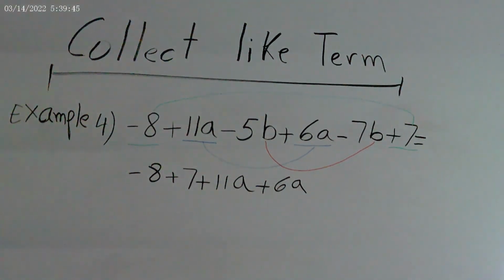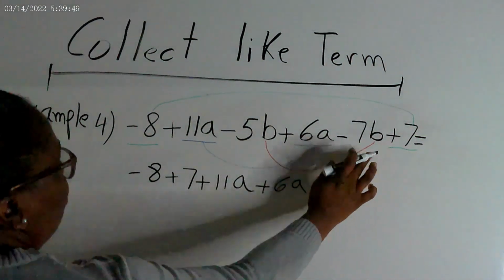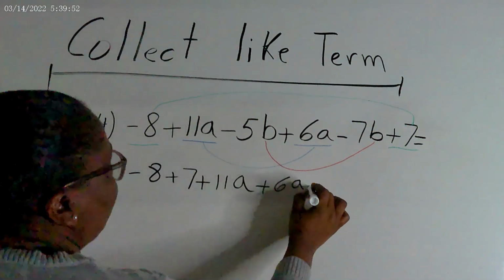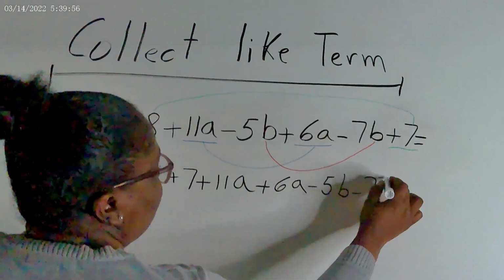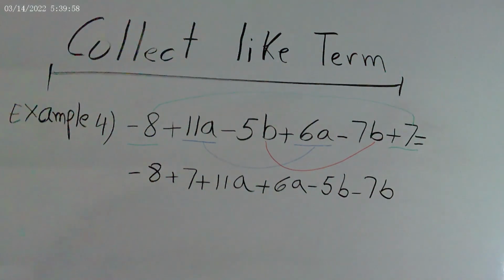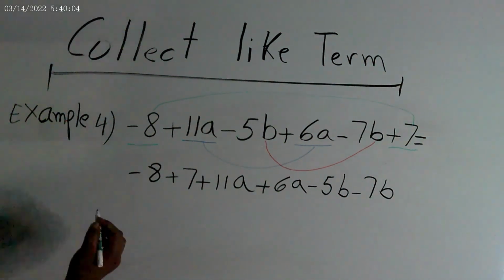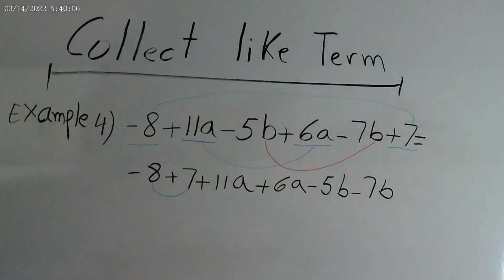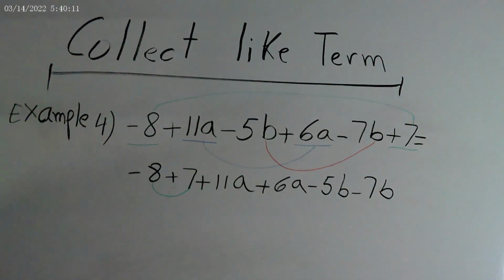Okay, and now you are going to do this one: minus 5b minus 7b. Okay, this one, you have this one. This one is minus, this one is plus.